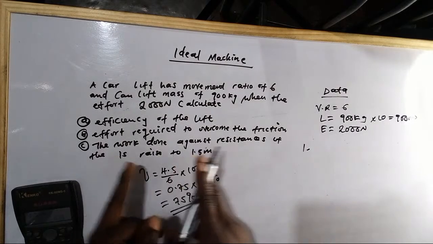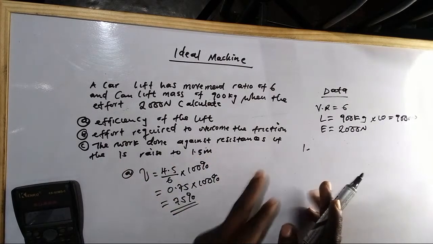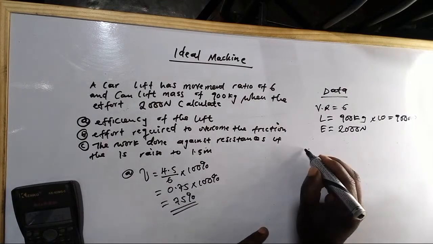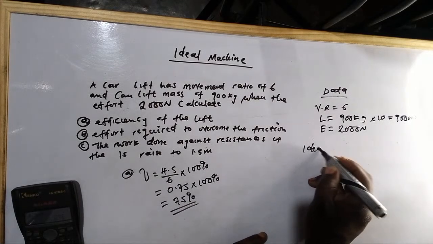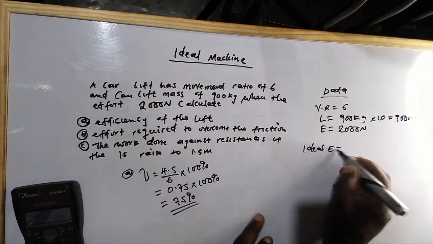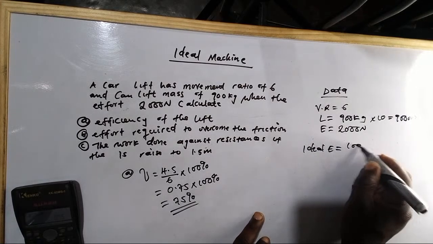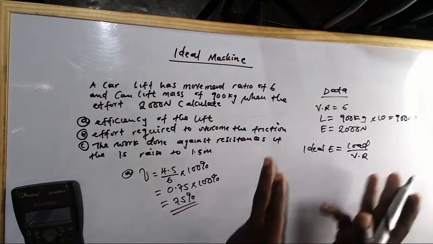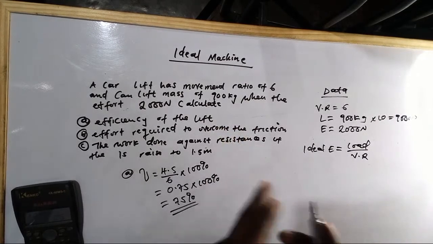That's when you can find the effort to overcome friction. So ideal effort is equal to load over velocity ratio. This is the formula for finding the ideal effort.